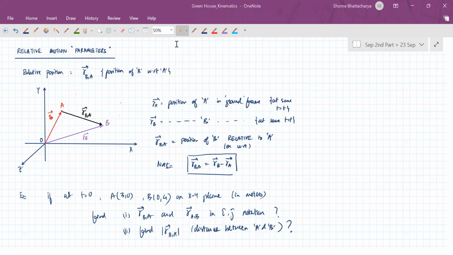Sir, what you have written near the highlighted box? The doubt again, please. Yeah, Harsh, your answer is correct. Good. So what you have written near the highlighted box? Near the box. Position of B relative to A, or with respect to.